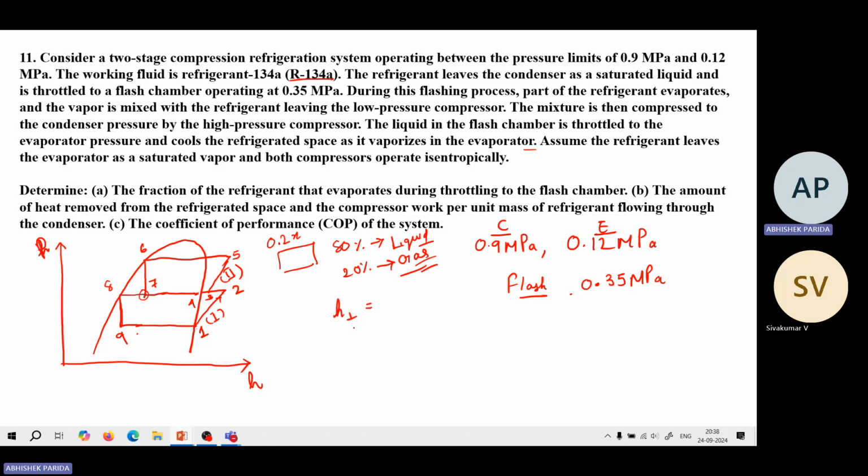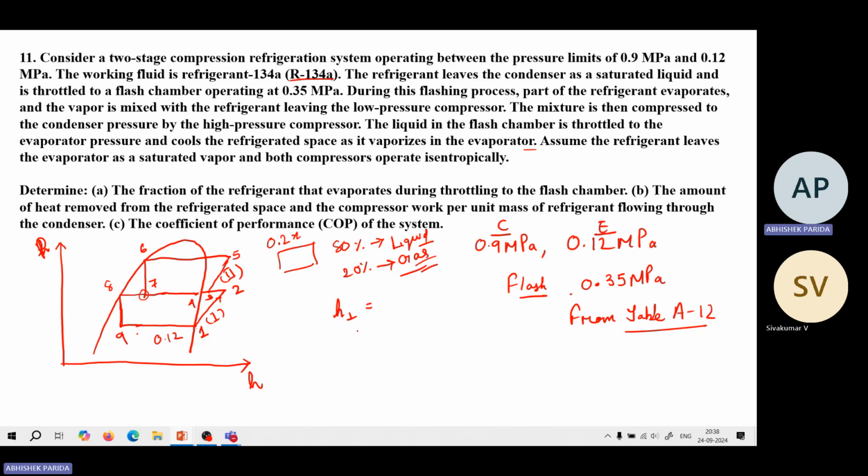I am referring to the table number. I will let you know the table. You find out all the points. I'm referring to table A12. First of all, what is the pressure here? 0.12 megapascal. That means 120 kilopascal.